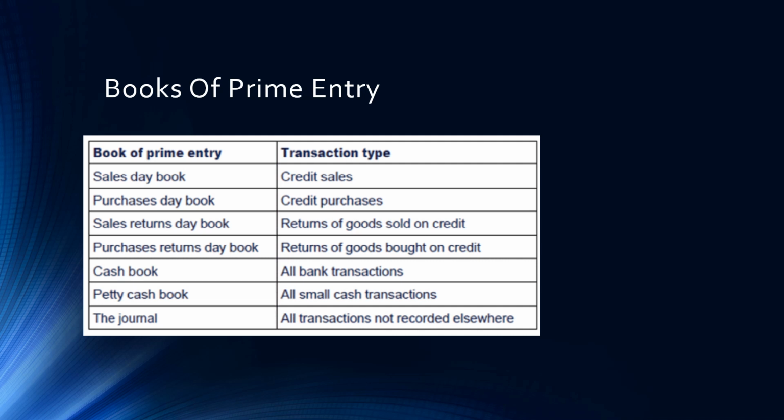Cash book, all cash transactions and bank transactions are recorded in this book. Petty cash are small cash transactions like stapler or stamps. We'll be coming to that, so don't worry about that, right? And journal, where you have all those things which are recorded which are not mentioned in the above list.